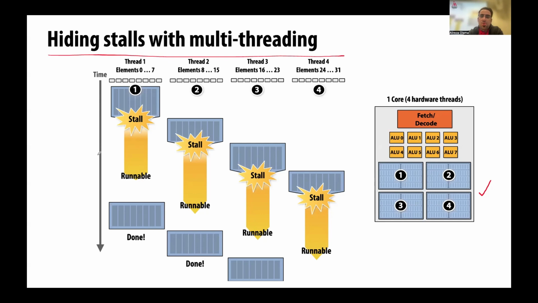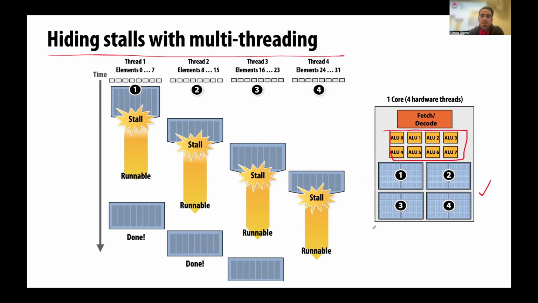And when one core stalls, then you can easily switch to another instruction stream for execution, right? So with that, we could keep the cores of the CPU, keep the ALUs always busy because they are always executing some instructions from different instruction streams.